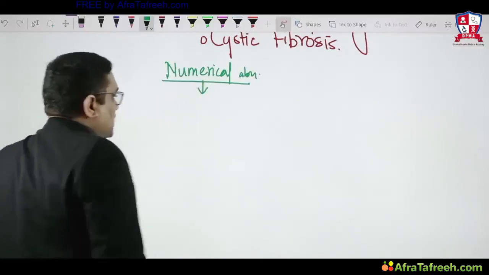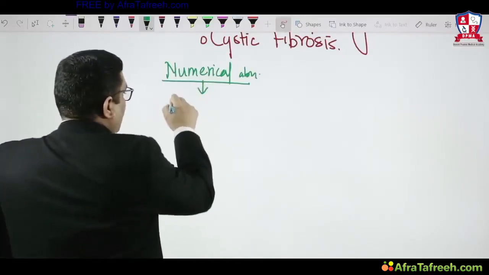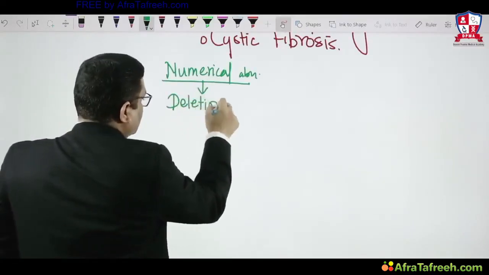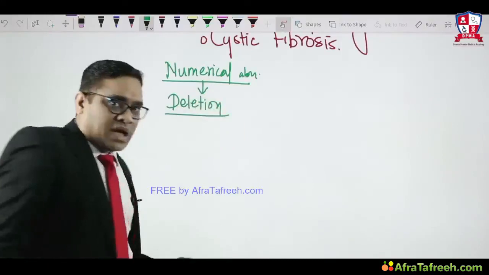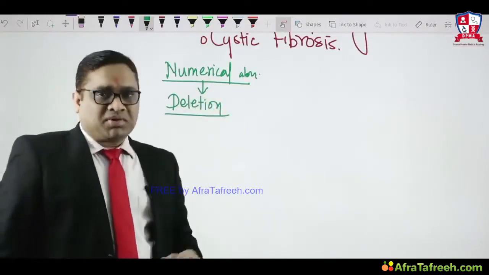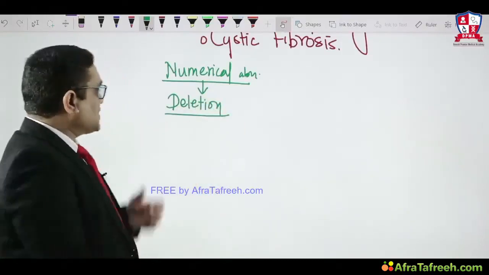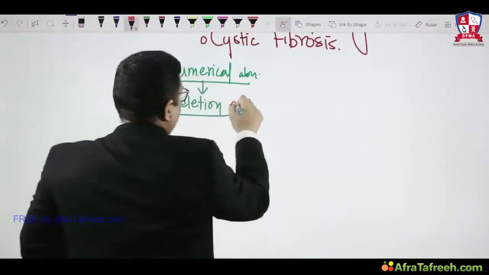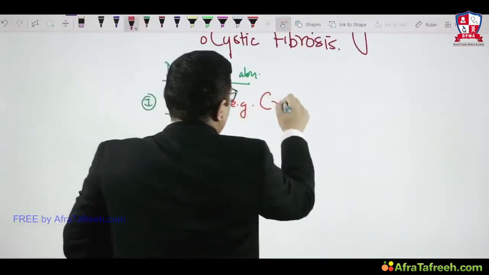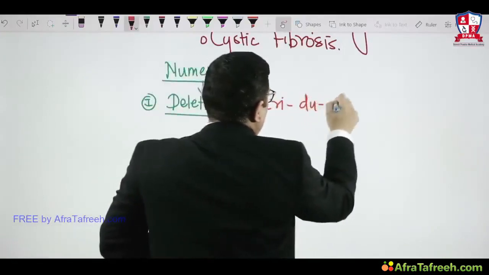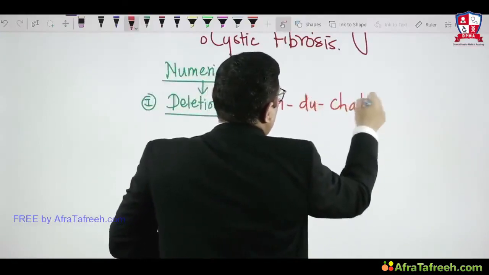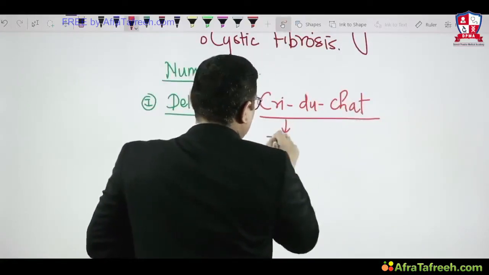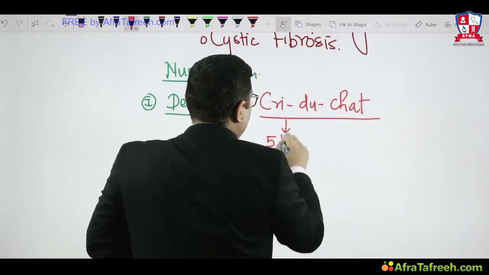For example, if you remember, I said microdeletion cannot be detected by karyotyping, but deletion can be detected, right? So the deletion example I want to give you here is Cri-du-chat syndrome, right? Cri-du-chat syndrome is due to deletion of the short arm of chromosome 5.